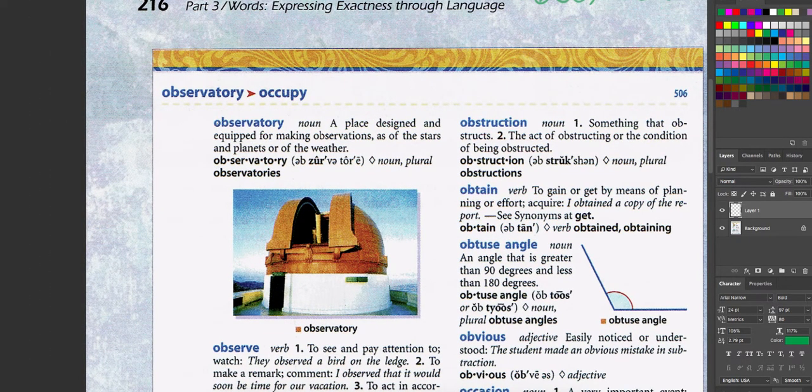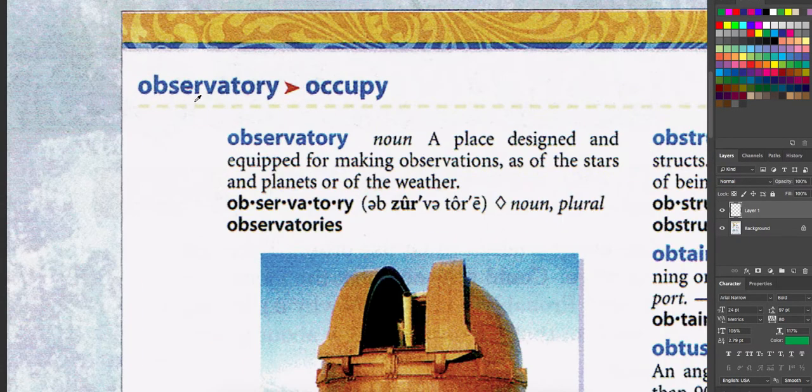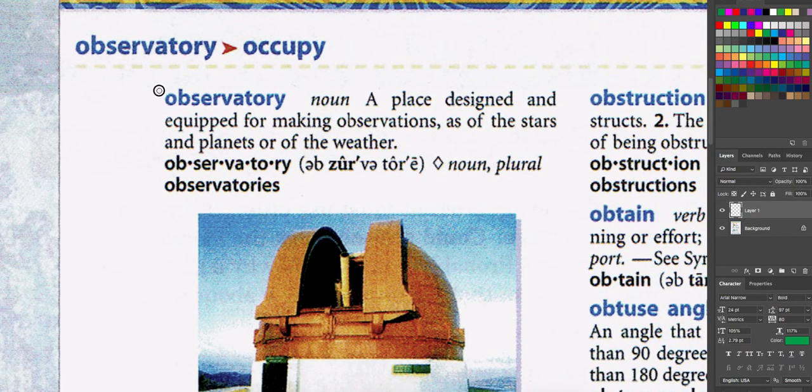Let's look at the different parts of a dictionary. This first part we see here is called the entry word. The entry word is pretty much the word that's being explained and defined. All this information here is related to the word observatory.